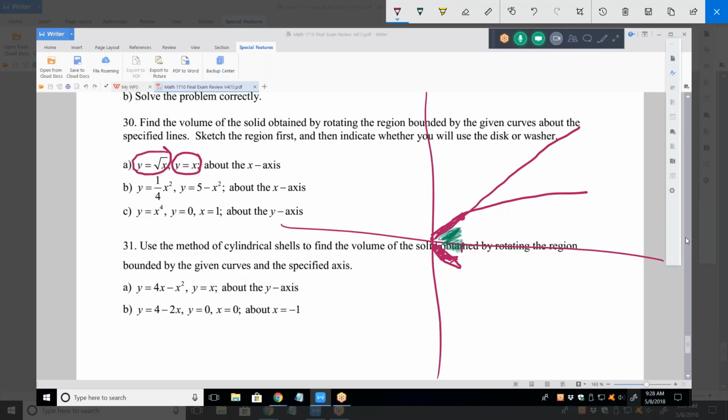So what am I going to use, discs or washers? Washers. Correct, because there's a hole. If there's no hole, you use a disc. And boy, there's one thing I've always wanted in calculus that I would give anything for, although not so much online, it wouldn't be that helpful, but in person it would be.